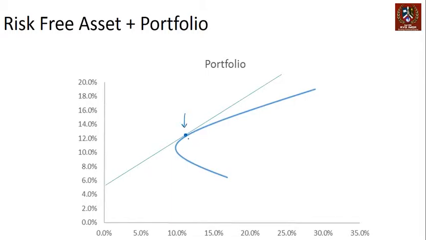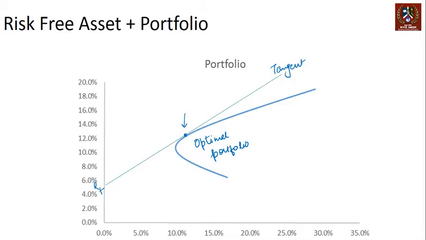This point where the line from the risk-free rate cuts the efficient frontier, this is a tangent, and this point is what is known as the optimal portfolio.